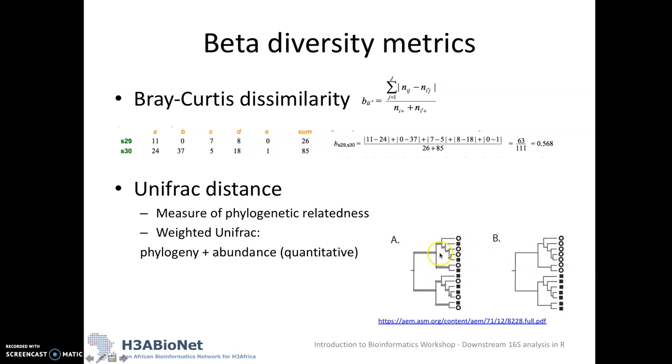And in A, you can see the tree representing phylogenetically similar communities, where a significant fraction of that branch length in the tree is shaded gray. Whereas in B, we see two communities that are maximally different. So 100% of their branch lengths are unique to either the circle or the square samples.